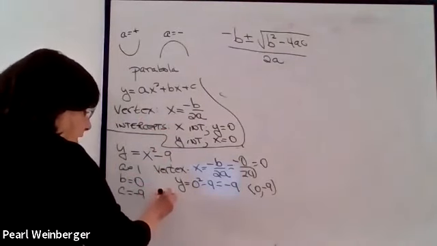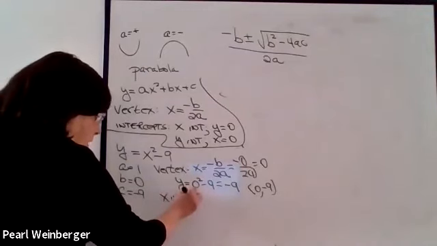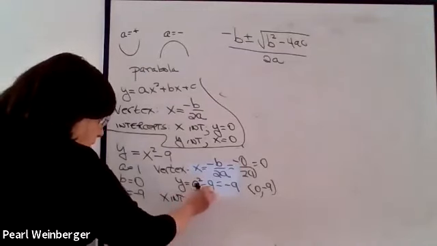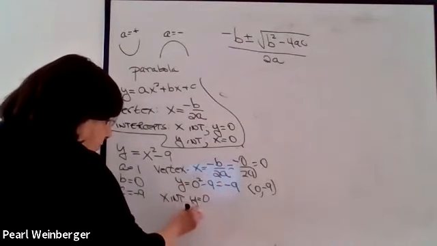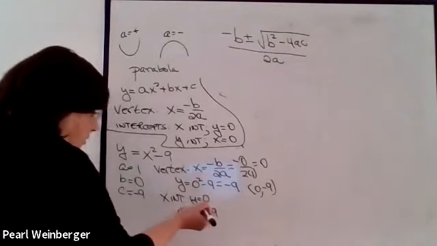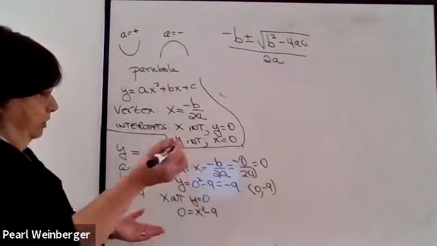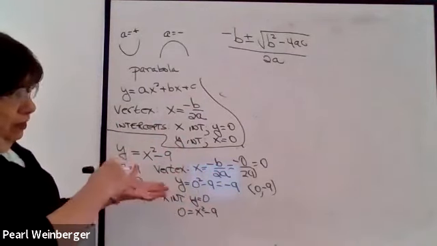To find the x-intercepts, we set our y equal to 0, and that gives us 0 equals x squared minus 9. And we could do this either by factoring or by bringing the 9 to the other side.